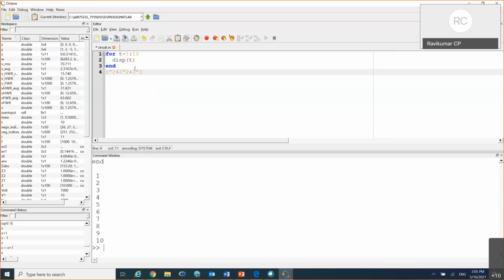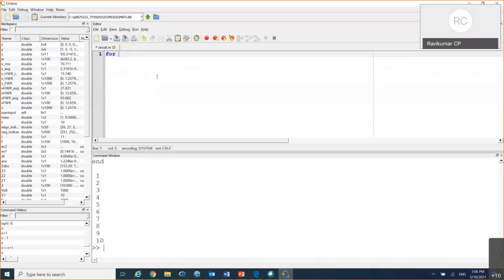You would have done it as part of your 10th standard. Yeah, I think Gunavardhan has given the correct answer: n into n plus 1 into 2n plus 1 by 6. That's correct.